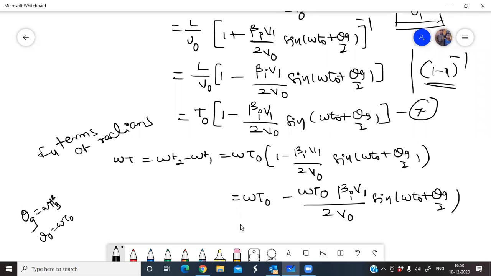So in place of omega t naught, I want to write theta naught. Don't confuse. So theta naught minus theta naught beta I v1 by 2 v naught into sine omega t naught plus theta g by 2.